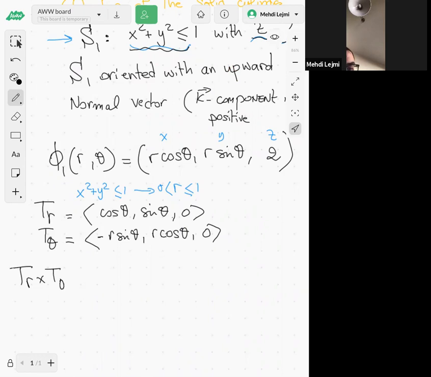T_r cross T_theta would be 0, and then 0, and then r cosine squared plus r sine squared, that would be r. So here, this is the right orientation because r is the radius, it's positive. So the k component is positive here. So we have the right orientation. So orientation is okay.